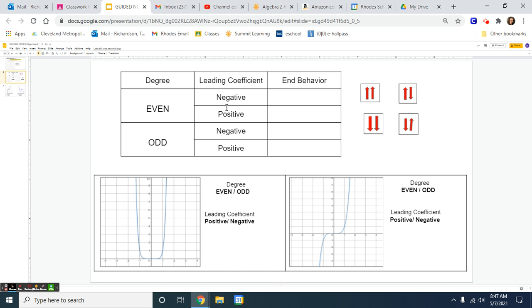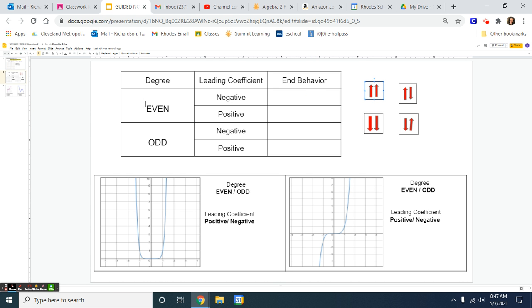Also, what tells you something about your arrows is the leading coefficient. Leading coefficient is the number out front. So is that number out front negative or is that number out front positive? That also tells you something about how your graph ends. Okay, so what we're going to do is we're going to go over what these different things tell us, and we're going to drag these arrows into the correct boxes.